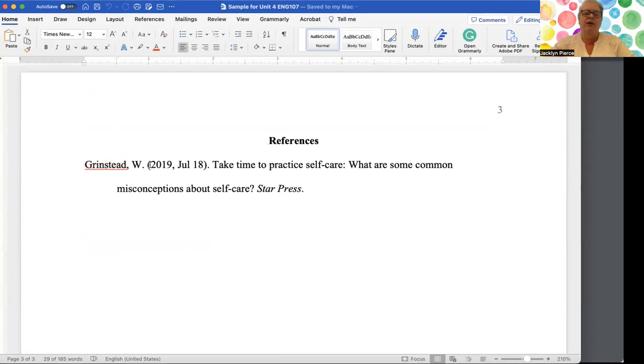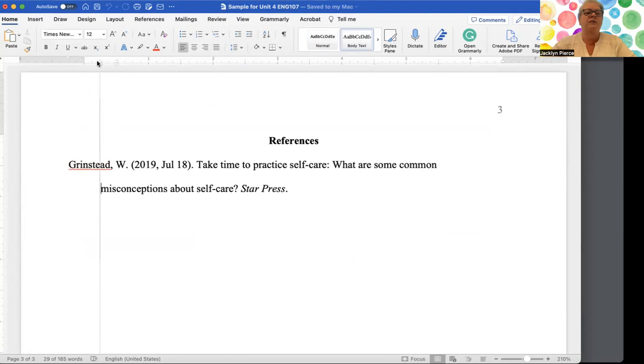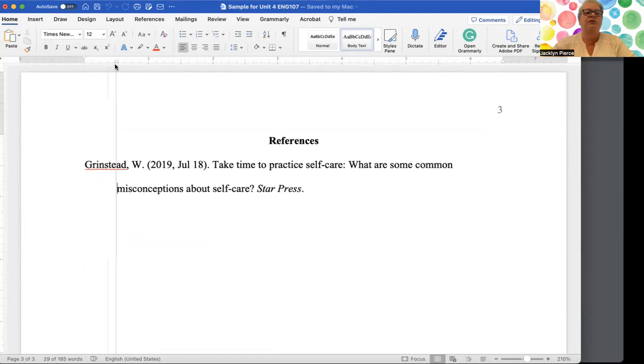This is what we do in APA, and in order to do that, you typically use the ruler to move that bottom part over. If you use one of the templates that is supplied by the school, or you use one of the documents that I provide, it's already done for you. You just have to type over it. In this particular case, I did share this document, and so you had the reference page already done properly.